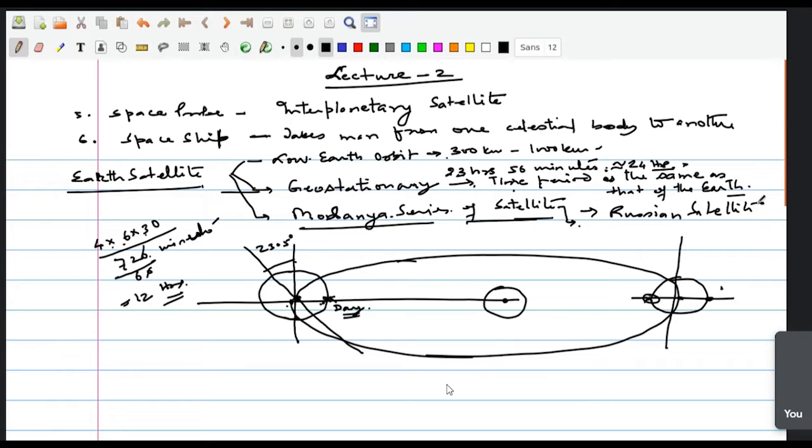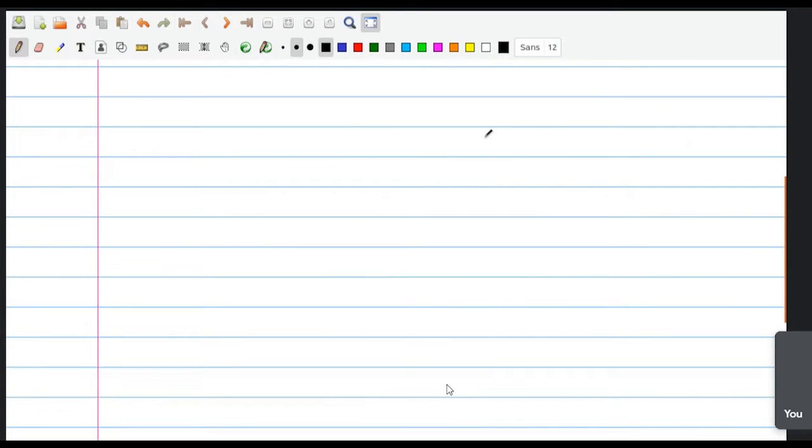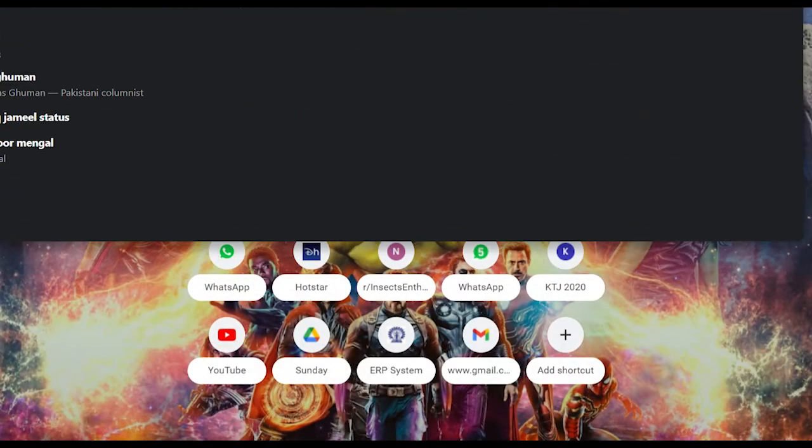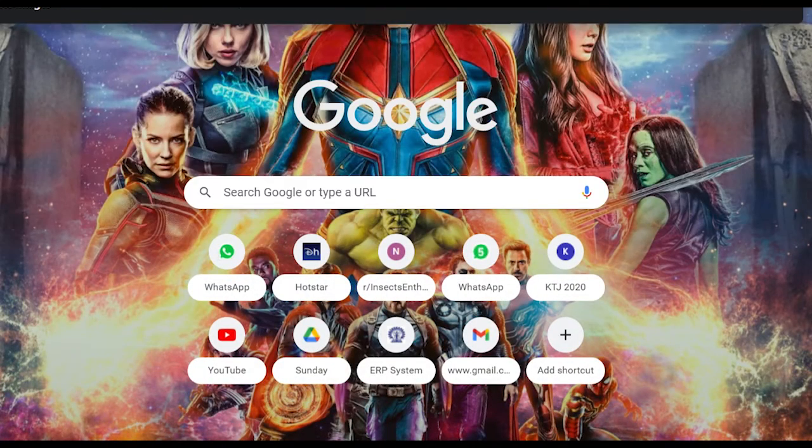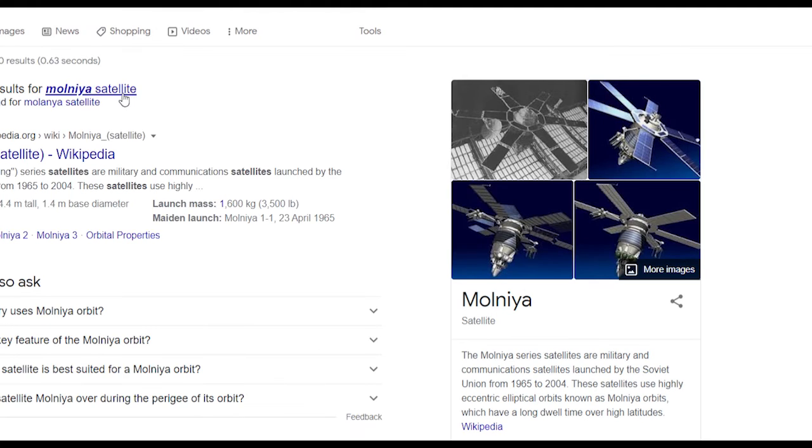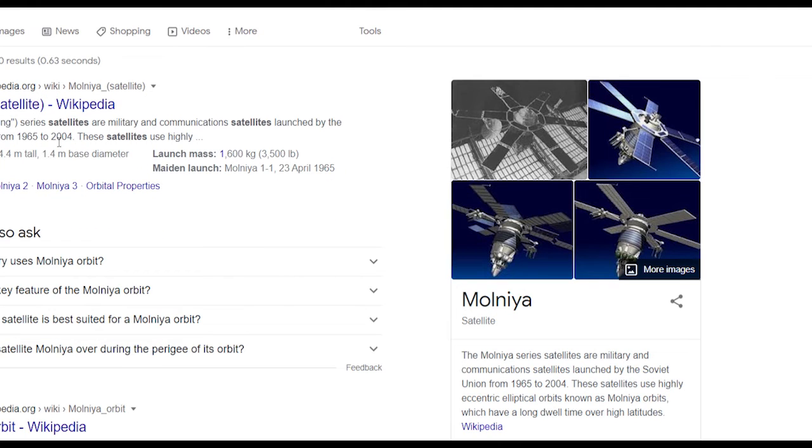What happens when you are looking for geostationary orbit? So this is the Earth. See, I have drawn a circle, and this is appearing as an ellipse on the screen. So this will be the distortion.